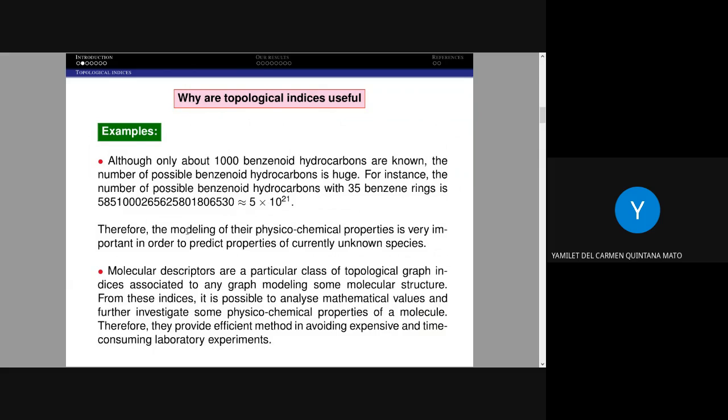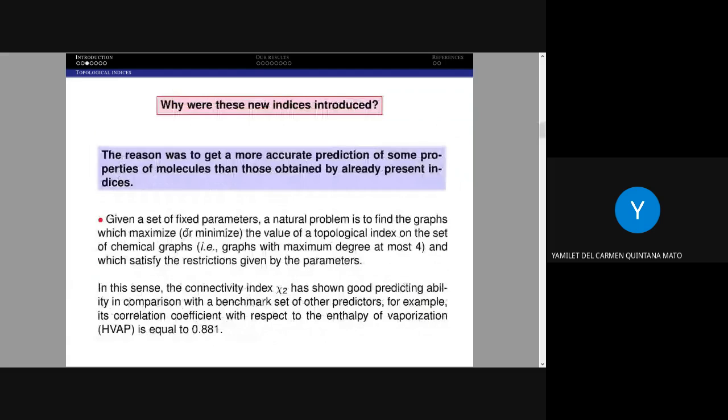Therefore, they provide an efficient method in avoiding expensive and time-consuming laboratory experiments. Why were these new indices introduced? The main reason was to get a more accurate prediction of some properties of molecules than those obtained by already present indices.